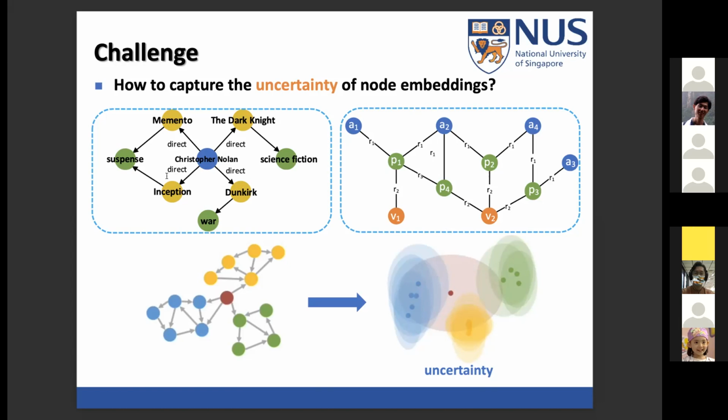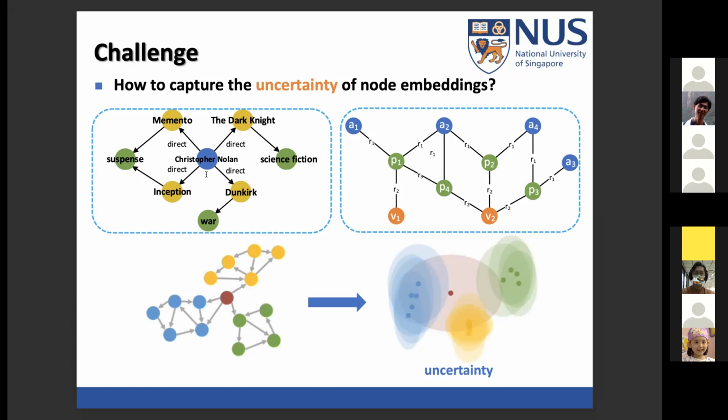They are different, but in this case, we just need to propagate the features into Nolan, the director, right? And yes, I agree with you that the features or the recommendations on each node are based on its context or its neighbors. But in this case, how can this relate to uncertainty?